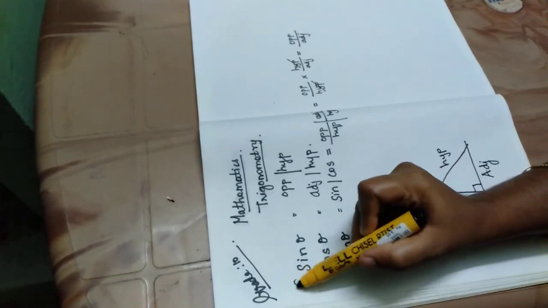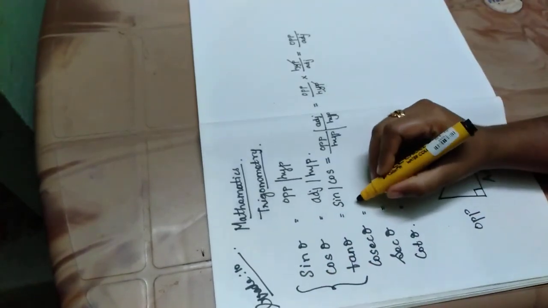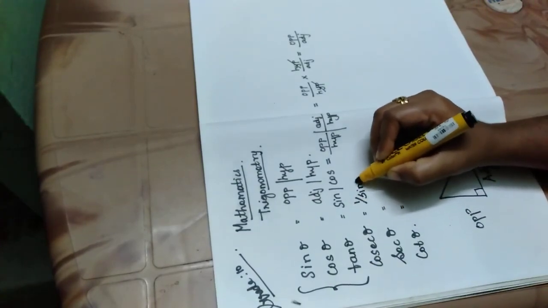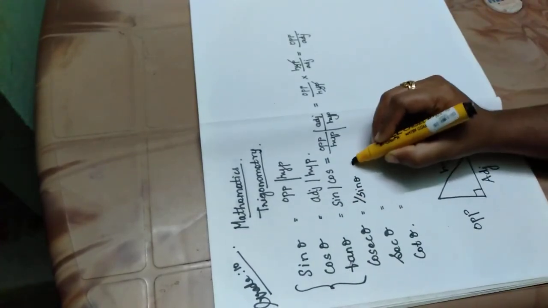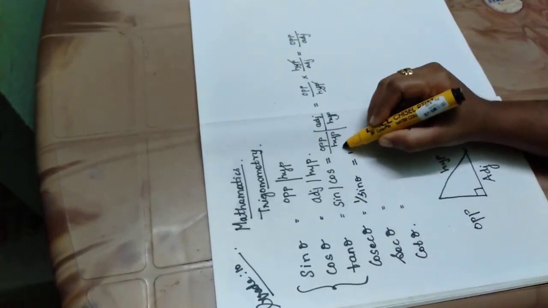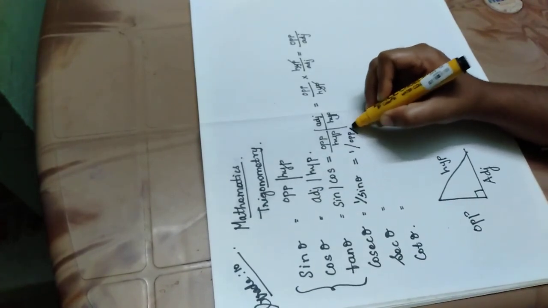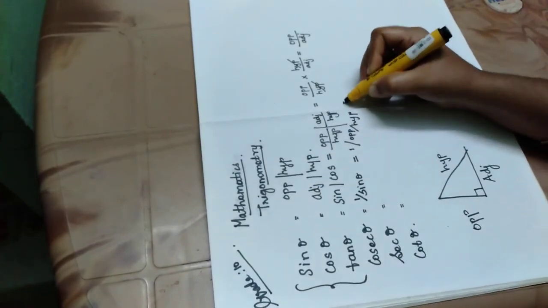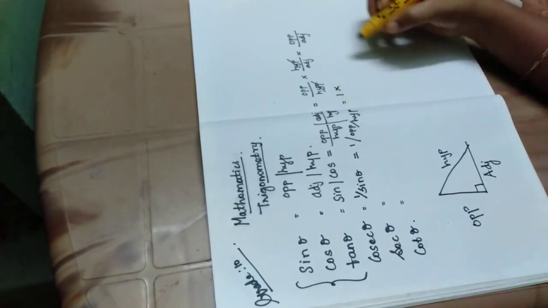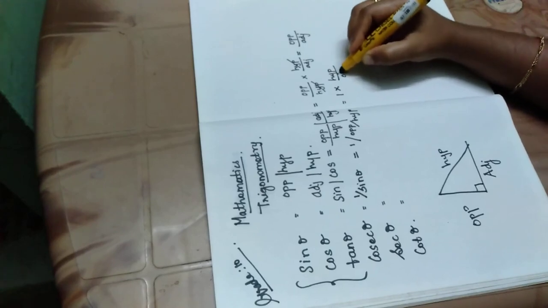If you know these three, the remaining three are easy. Cosecant is 1 by sin theta. So 1 divided by opposite by hypotenuse. Again division changes into multiplication with the reciprocal, that is hypotenuse divided by opposite.